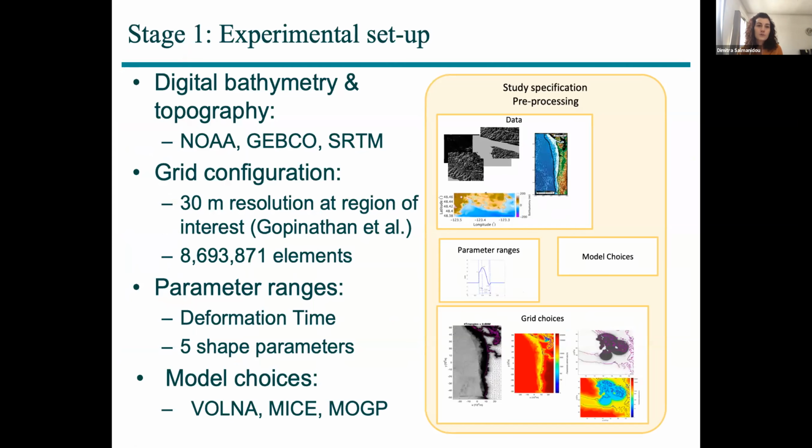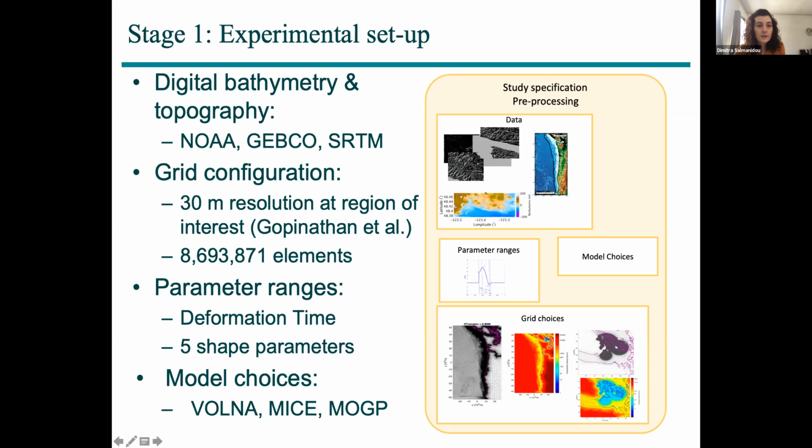So when it comes to experimental setup, there are lots of aspects to consider, such as the data that we're going to use. And for this case, we use the digital bathymetry and topography of the area. But this may come in many resolutions, in many sizes, in many formats. So a uniform data set is needed in order to do the modeling, and a lot of merging and interpolation falls into this stage.